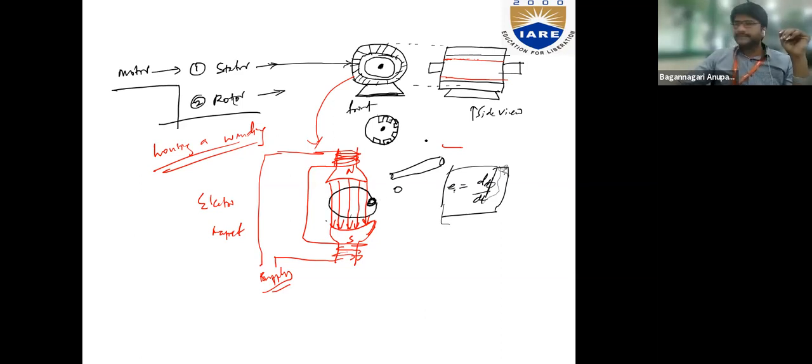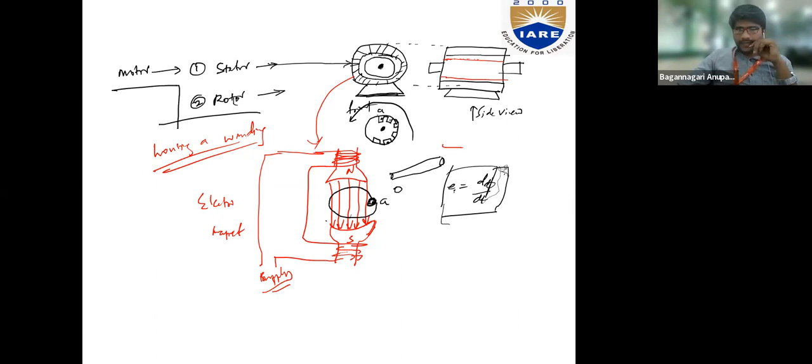The conductor rotates. Let us assume that this conductor A is placed here in this slot. So what will happen when this rotor rotates? It's just like rotating the conductors as well, right? For simplicity, let us consider that only one conductor is present here, conductor A.